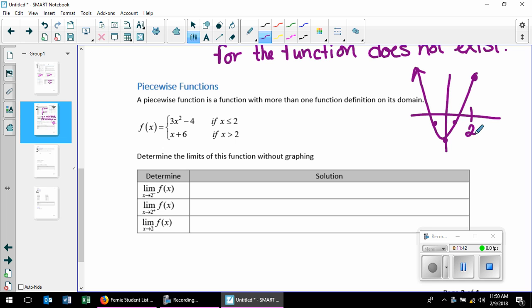So if I put 2 in there, we would be at 8, which was my top part as well. So this would also be an open circle at that point for that section of the graph. If I put 3 in there, I would be at 9. If I put 4 in there, I'd be at 10. So I got a line like that.